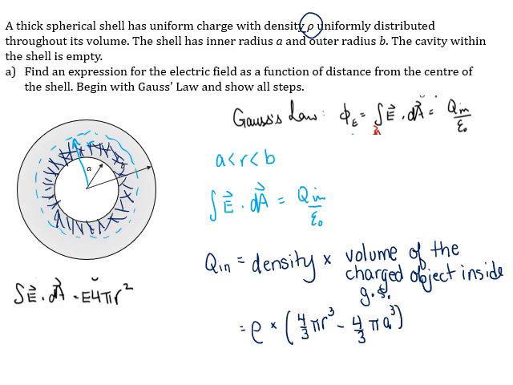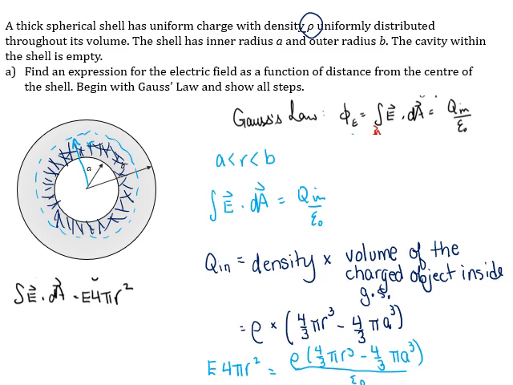Okay, now we put it all together. So our integral of E dot dA is E times 4 pi times r squared. That's going to be equal to our net charge, which is rho times 4/3 times pi times r cubed minus 4/3 times pi times a cubed, and we have to divide the whole thing by epsilon naught.